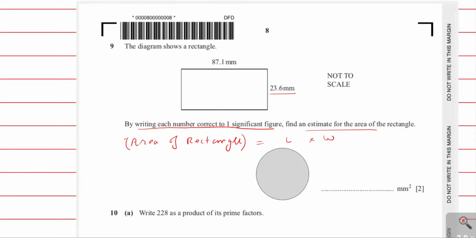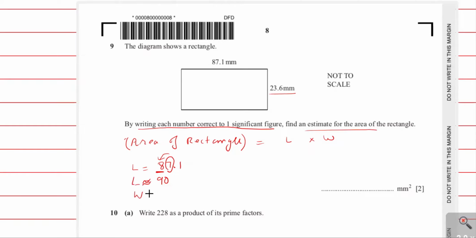Therefore, we will take the length 87.1 millimeters in one significant figure. This is the one significant digit. We will underline the neighboring digit, 7 is greater than 5, and therefore this digit becomes 9, and we will place 0 as a placeholder, and 90 is the estimated value.